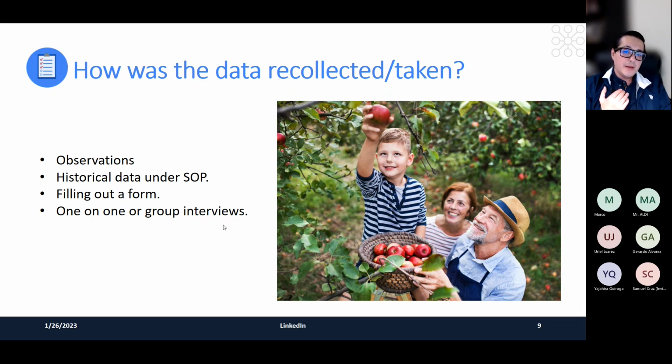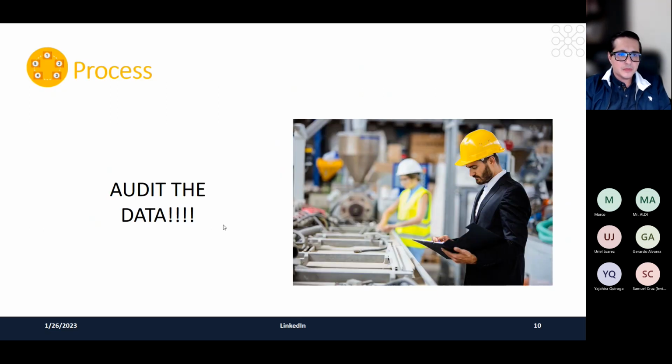One of the pros of this is that since it's under an SOP, historical data is very reliable. Semi-clean, but reliable. It can also be done by filling out forms and one-on-one interviews.